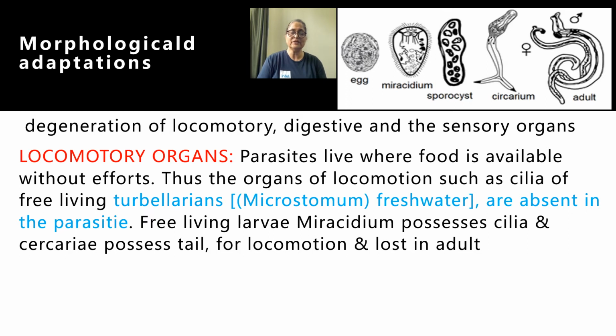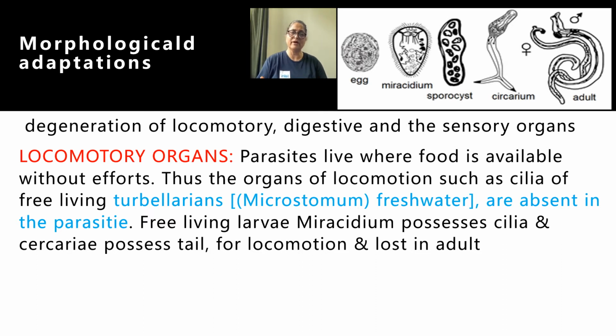The first thing is that the locomotor organs, digestive organs, and sensory organs are totally degenerated, mostly in the case of platyhelminthes. But it's not true for all the helminths. They don't require locomotor organs because they get prepared food from their host.